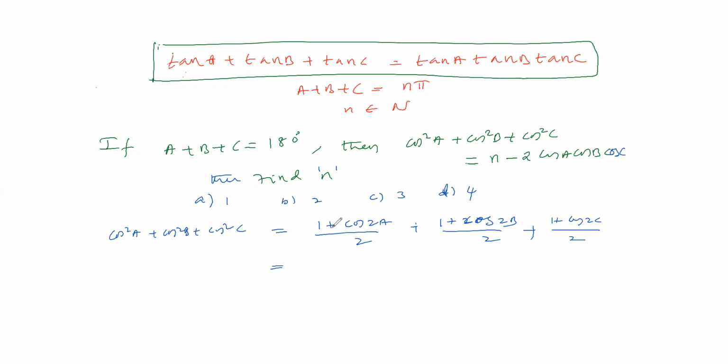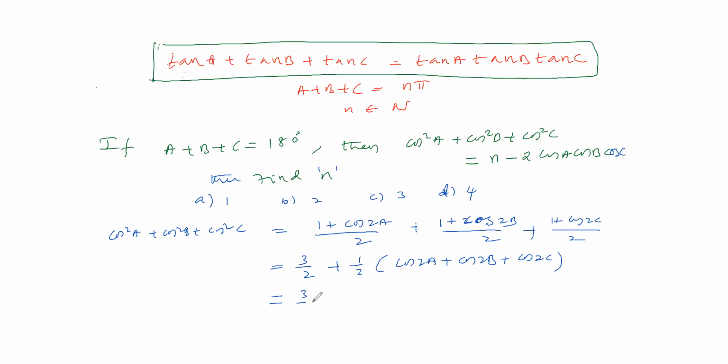Now the 1 by 2 terms add up to 3 by 2, plus, taking 1 by 2 common, cos 2a plus cos 2b plus cos 2c.